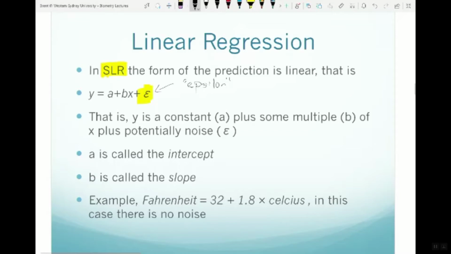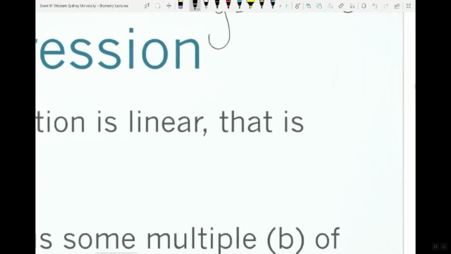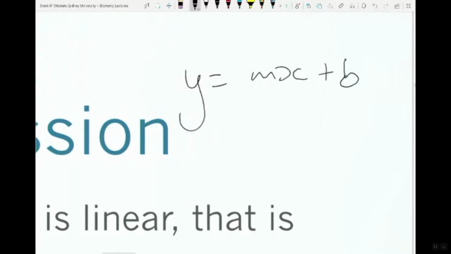So you may have come across the equation of a line in high school. In high school, they would have used slightly different notation. They would have said y equals mx plus b. Okay, that's probably the one that you're more familiar with. Can anyone tell me what is m? There's a name for m. What is it? Yeah, the gradient or the slope.